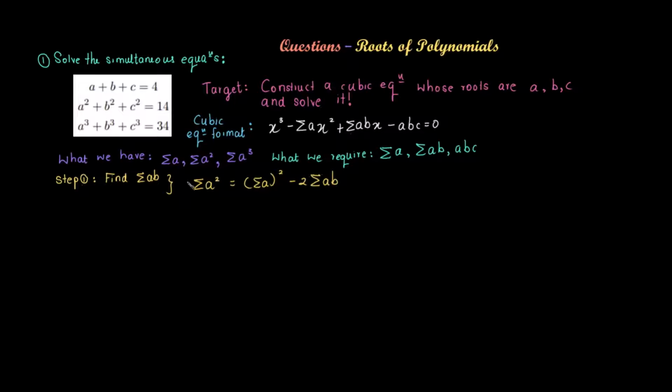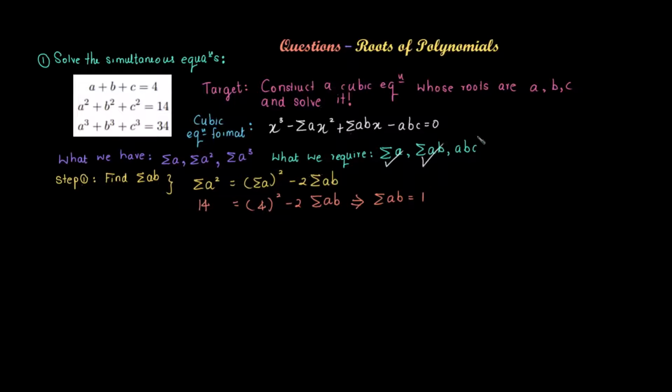So substitute the values: 14 is equal to 4 squared minus 2 times sigma ab. So just make sigma ab the subject, and that implies that sigma ab is equal to 1. So we have sigma a and sigma ab.